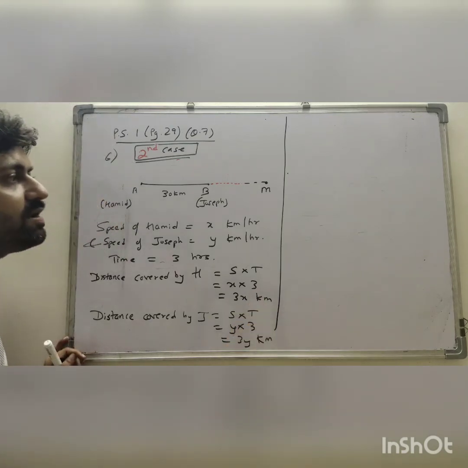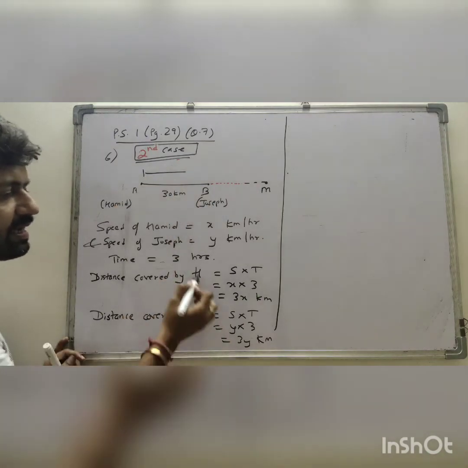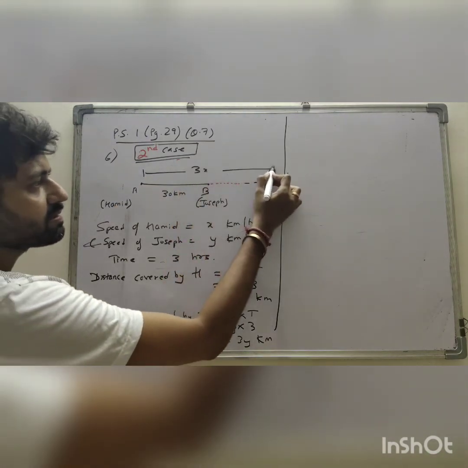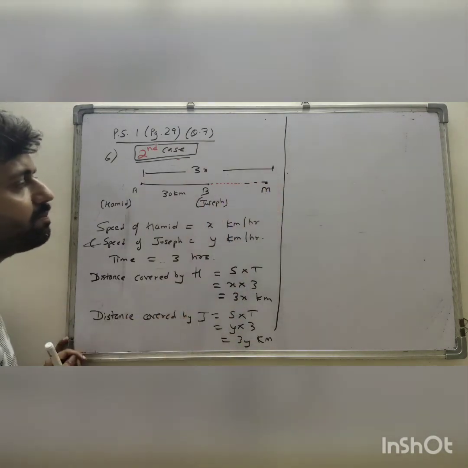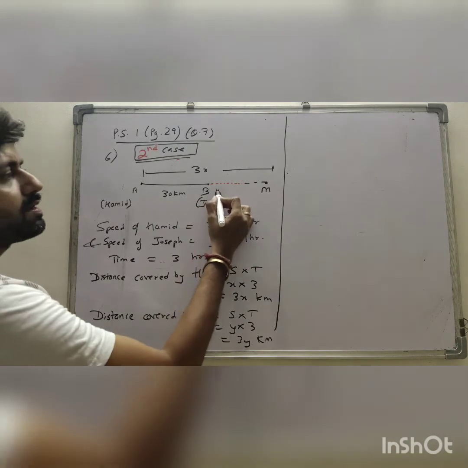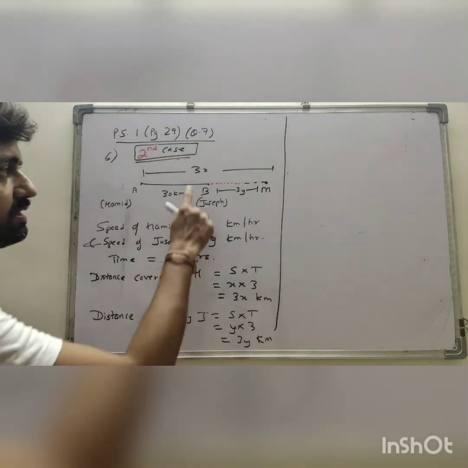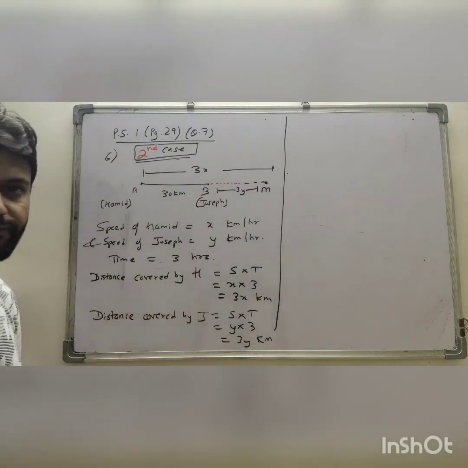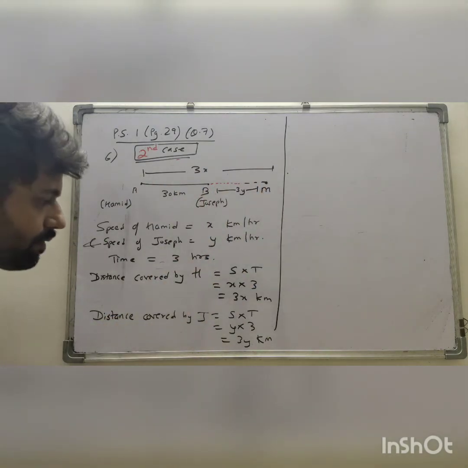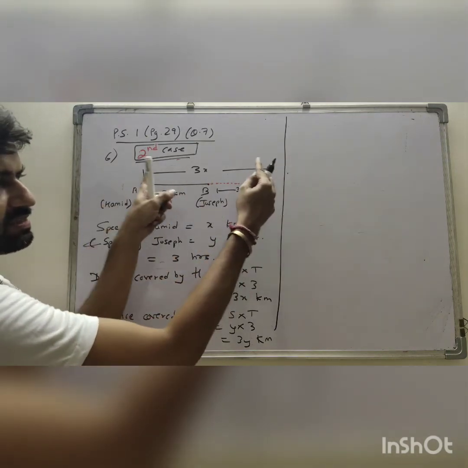This distance I would like to show you on this diagram. 3x is the distance covered by Hamid, and 3y is the distance covered by Joseph.